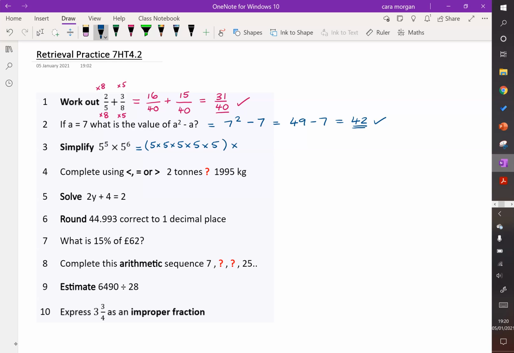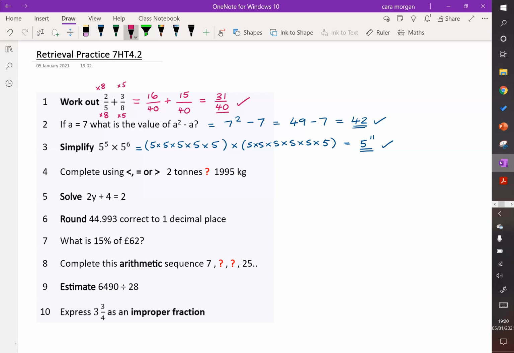And if I've got 5 multiplied by itself 6 times, 1, 2, 3, 4, 5 and 6, I can see that in total I've got 11 times that 5 is being multiplied by itself. I would write that as 5 to the power of 11.